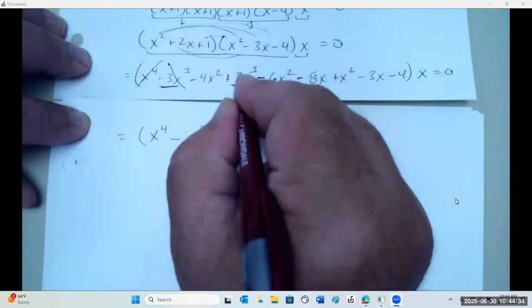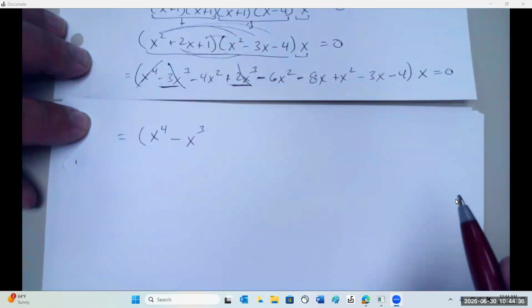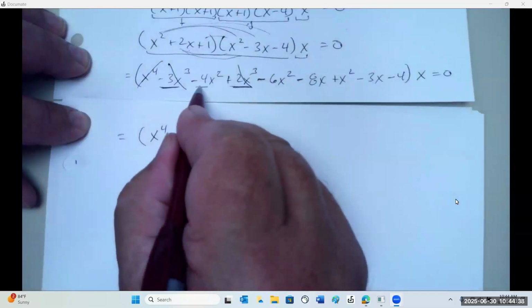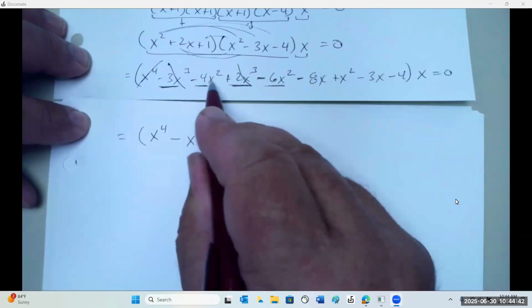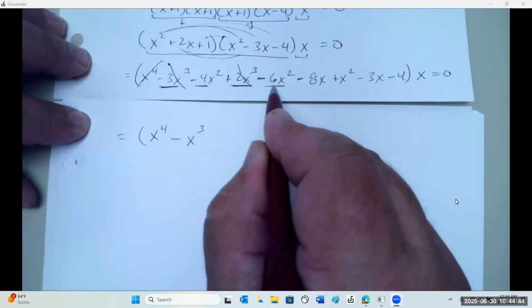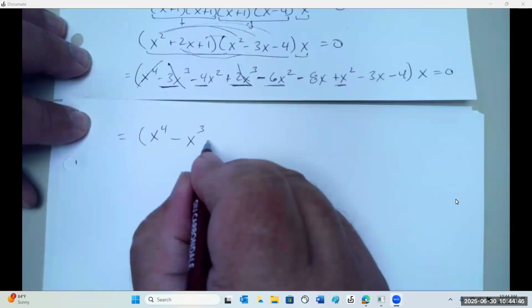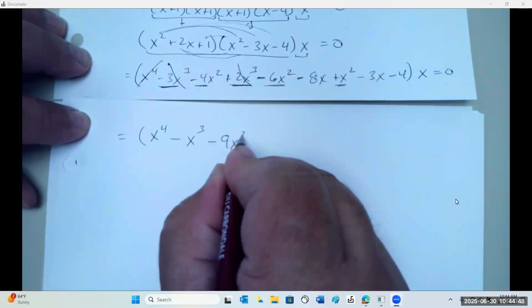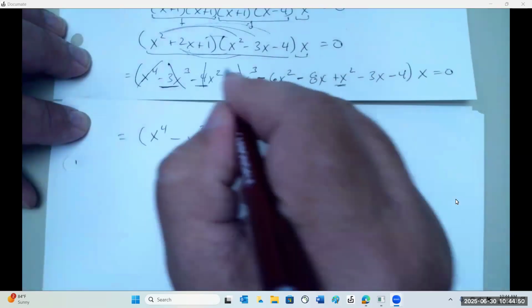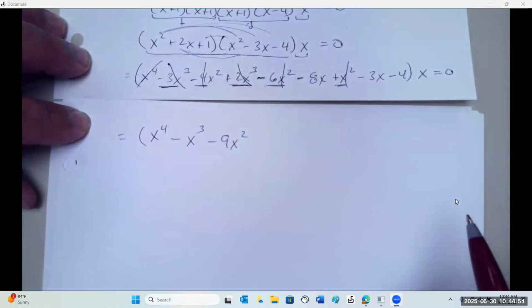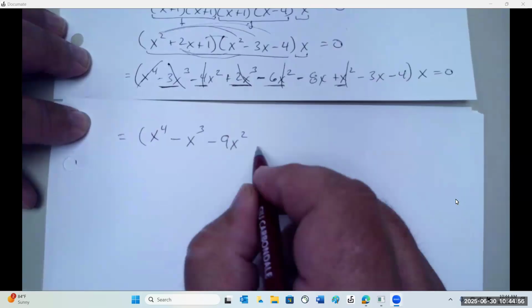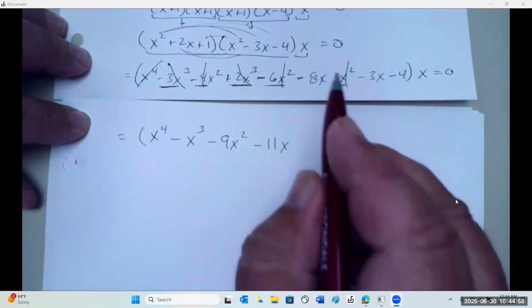So that's those guys. Negative 4x squared, negative 6. Negative 4, negative 6 is negative 10. Plus 1 is negative 9x squared. Negative 8, negative 3 is a negative 11x.